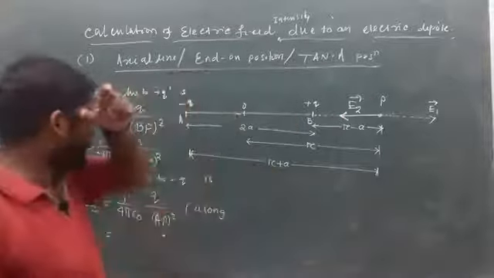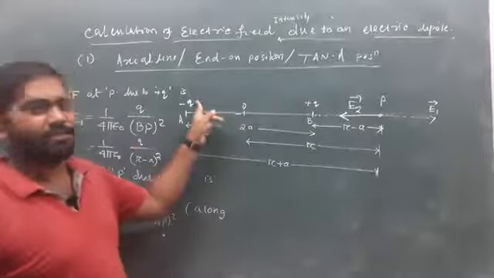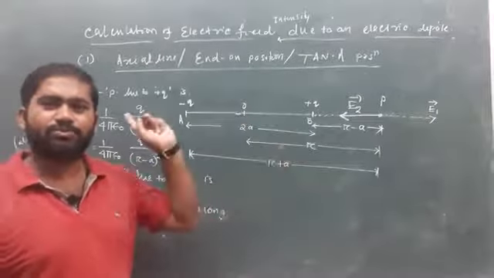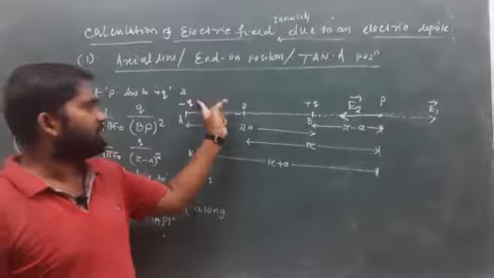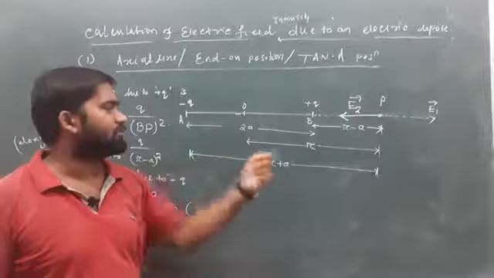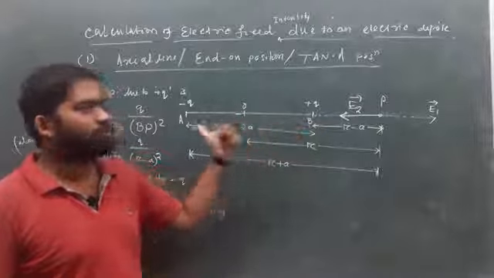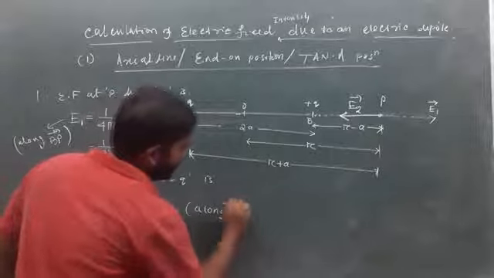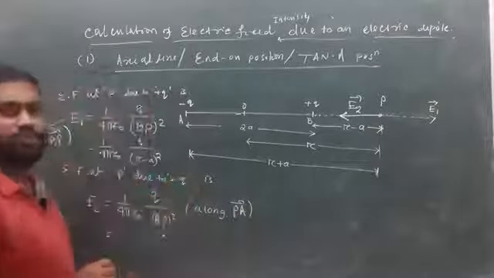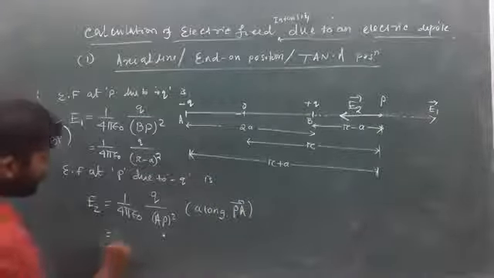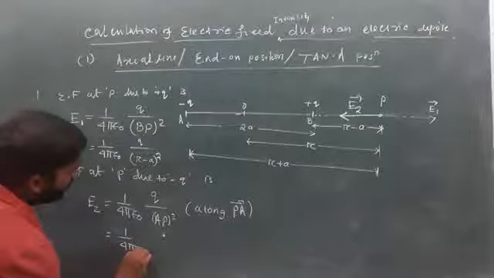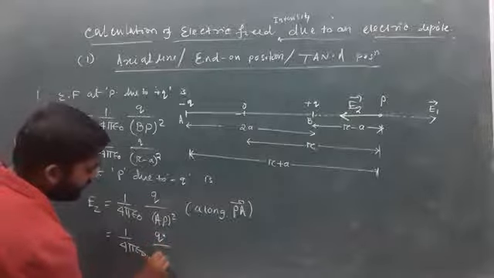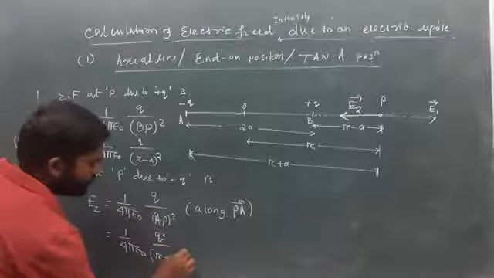The unit positive charge will be attracted by the negative charge, so the direction is along the P a vector. Substituting the value, E2 equals 1 by 4 pi epsilon 0 q divided by r plus a square.